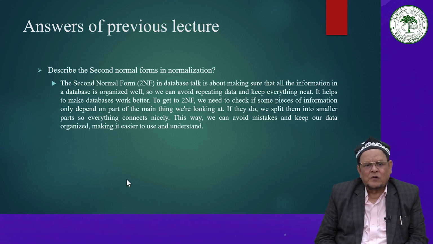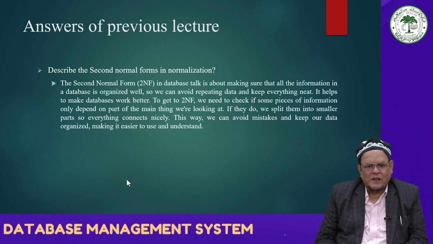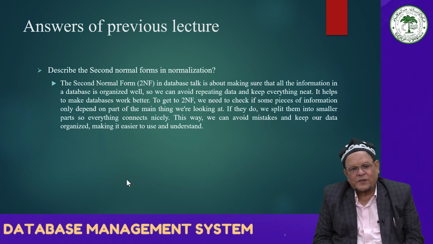To get to second normal form, we need to check if some piece of information only depends on part of a main thing we are looking at. If they do, we split them into a smaller part so everything connects nicely. In this way, we can avoid mistakes and keep our data organized, making it easier to use and understand.